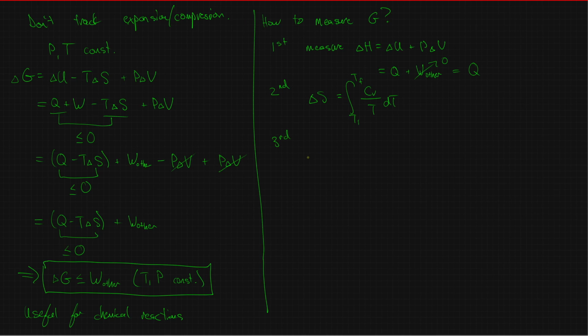And then the third step is you could just take these quantities, use the fact that you know that delta G is equal to delta H minus T delta S, which we could show right here, right? Like this plus that is delta H, and then this is just the minus T delta S right there. And so if you can calculate these two quantities, then, well, you've got delta G. So that's how you would do that. I think I've got an example coming up soon.